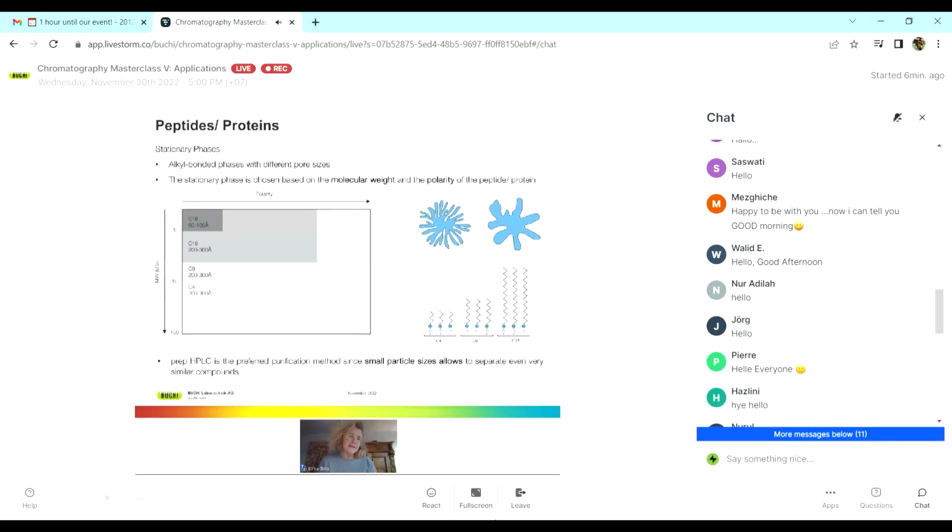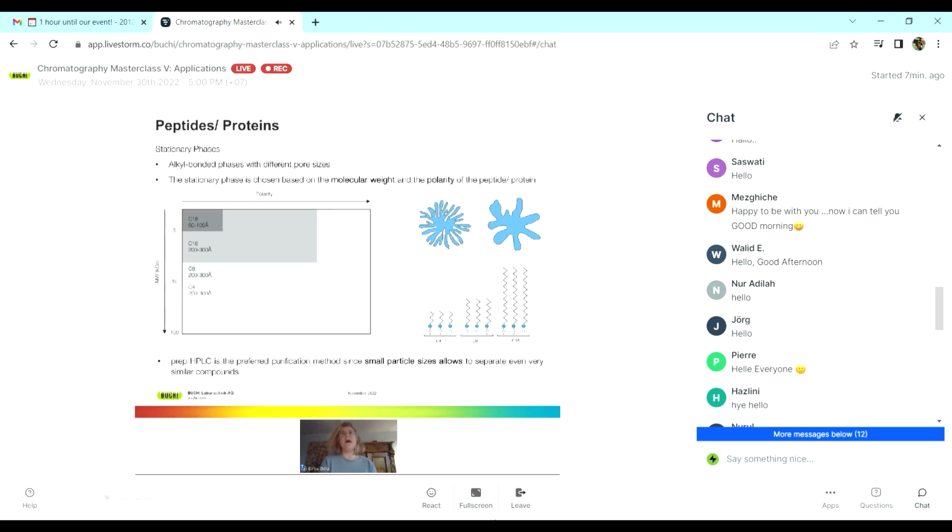Another thing is that it has been shown that for bigger compounds, C4 and C8, so smaller alkyl chains, give you better selectivity, so a better purification. So that was the size. Now, if we have a look at the polarity of the compound, C18 is the most unpolar phase.